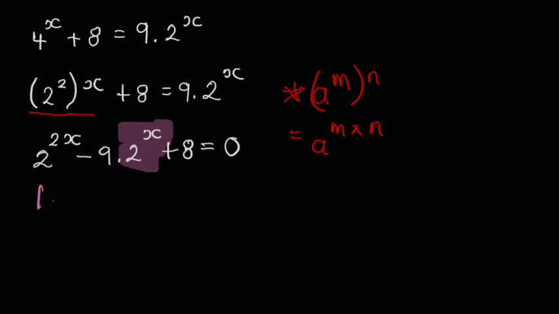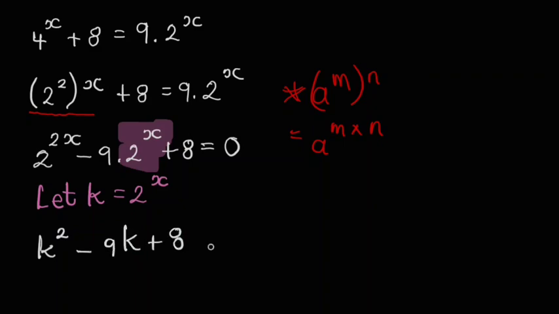So we're going to say let K equal 2 to the power x. We know automatically the term with the bigger exponent becomes k squared. Then we have minus k plus 8 equals 0.